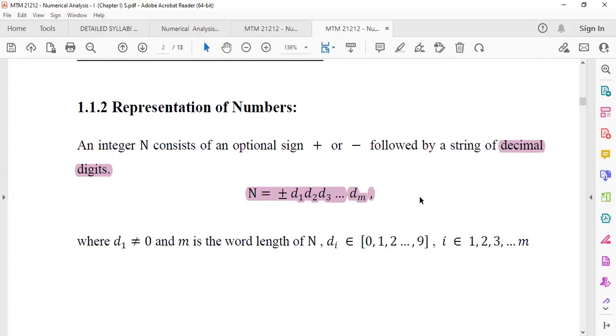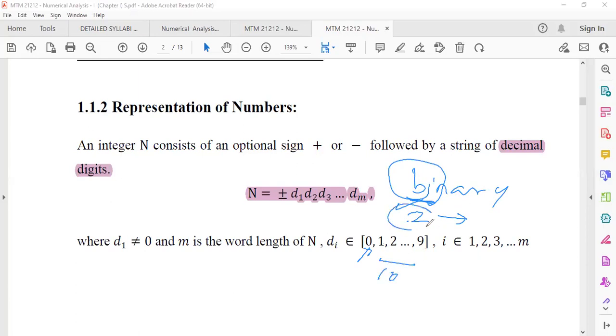We are mainly focused on the decimal number system, but binary you already know, from group theory and elsewhere. The decimal number system has 10 digits, including zero: 0, 1, 2 up to 9, there are 10 numbers.